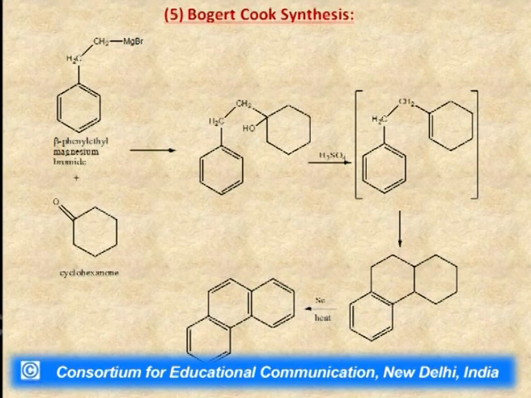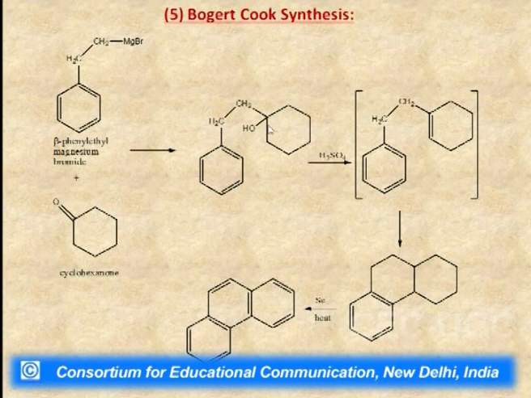One of the most important reactions of phenanthrene synthesis is Bogert-Cook synthesis, in which we have to take these two ingredients. One of them is beta phenyl ethyl magnesium bromide along with cyclohexanone. These two molecules will undergo condensation to give us this adduct, which on reaction with sulfuric acid will first undergo dehydration.